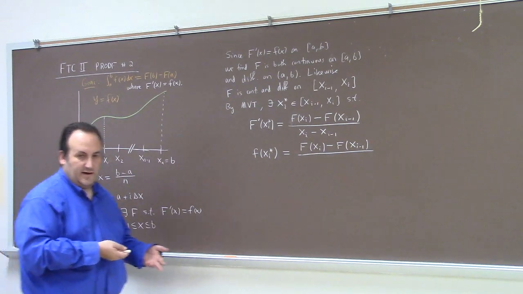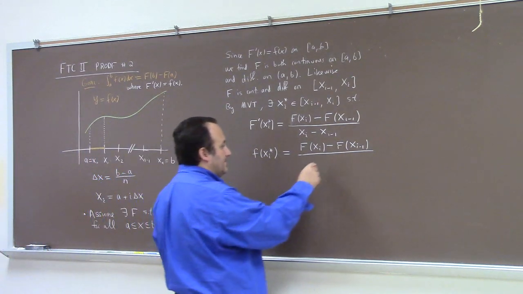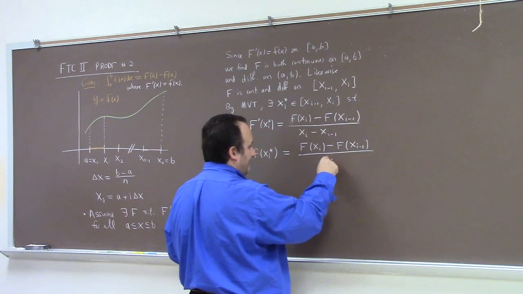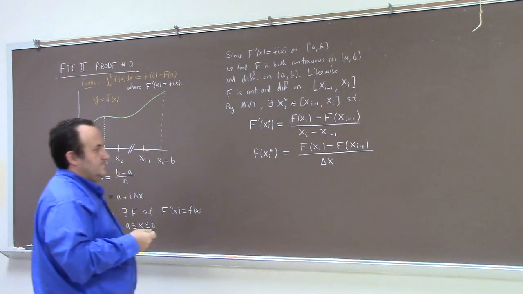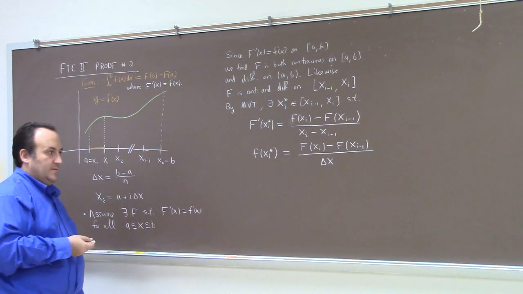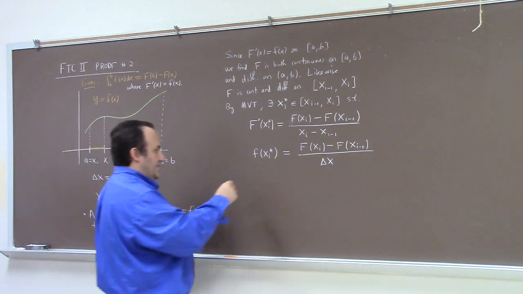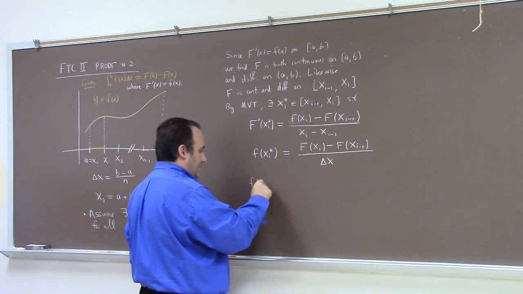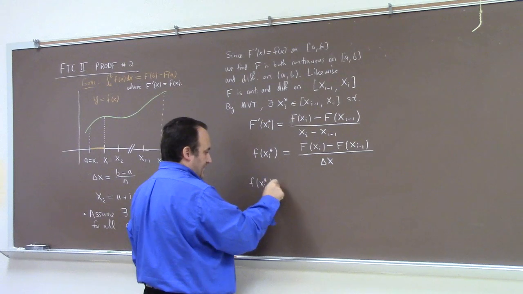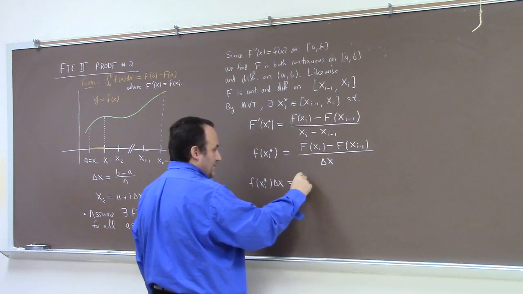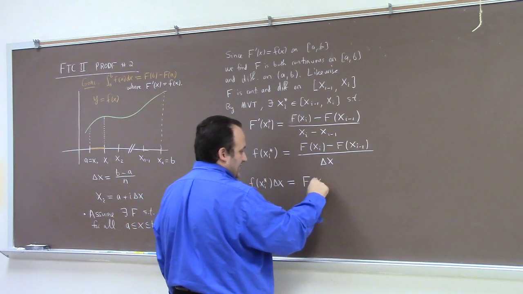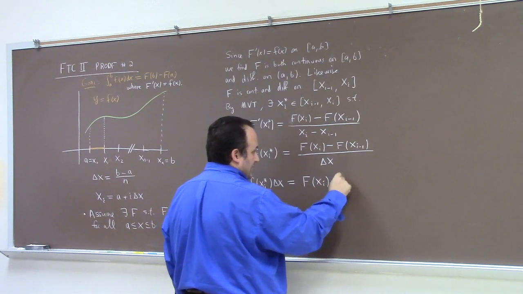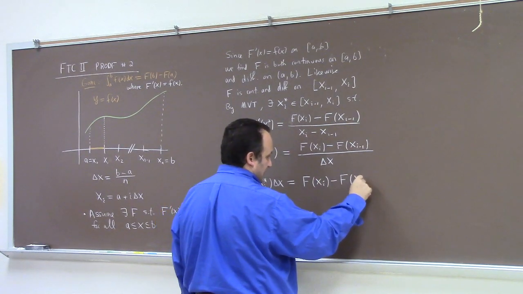So the denominator here is delta x. What does this say? This says that f of x sub i star delta x is equal to F of x sub i minus F of x sub i minus 1.